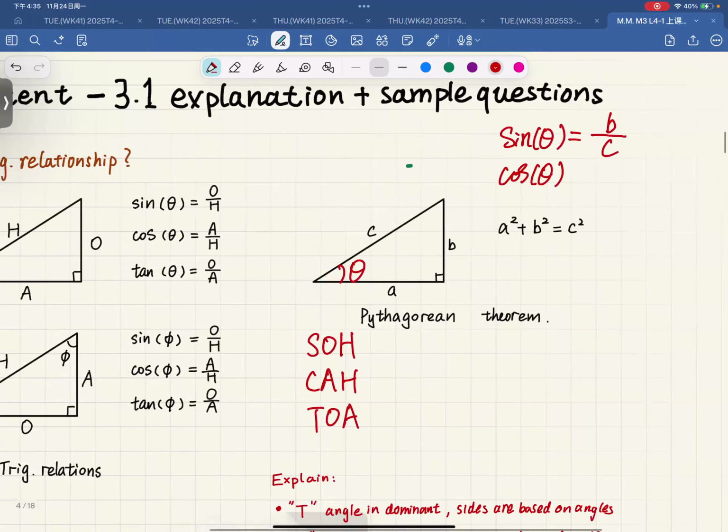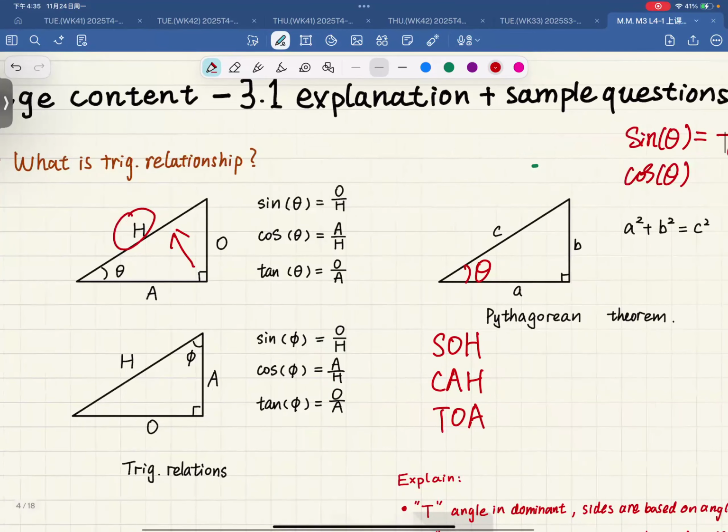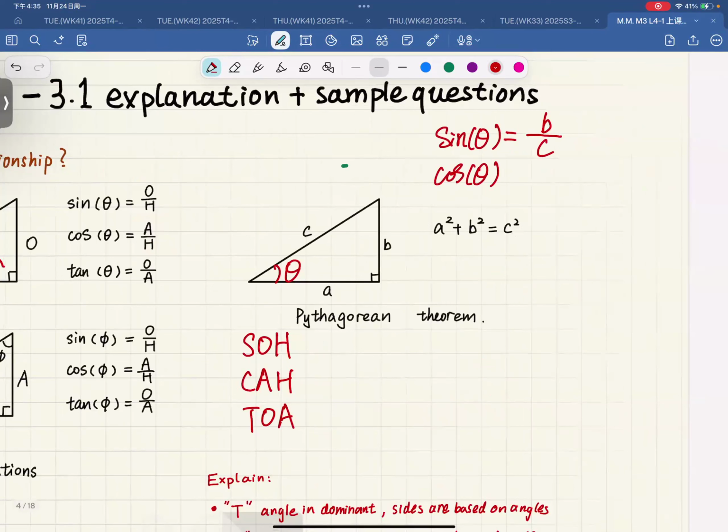Yes, basically that's the hypotenuse. It's always opposite to the right angle, and that's the longest side. What about cosine theta? It's adjacent, A over C. What about tangent?